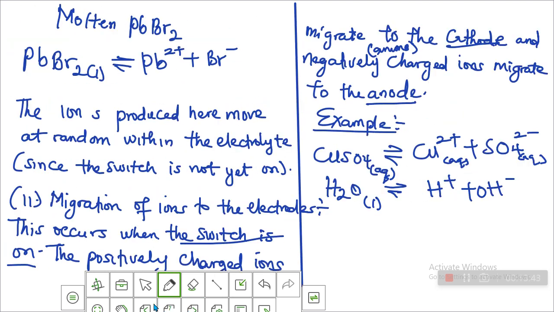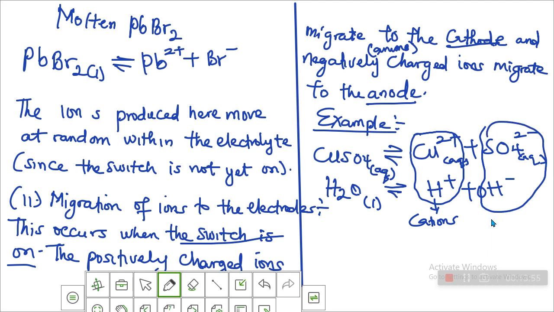Now let me tell you something. If you are following, you should know that these are your cations, and these are your anions. Now what will happen? Cu2+ and H+, being cations, will move to the cathode.